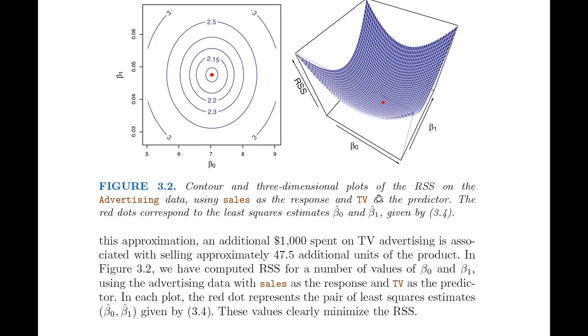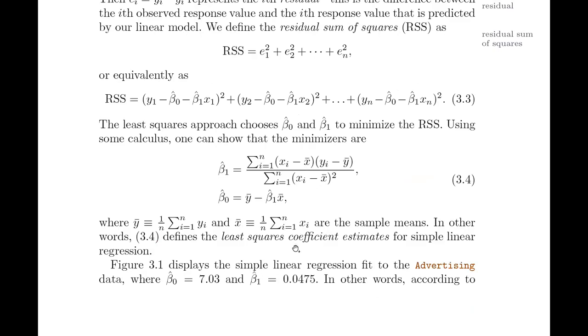Contour and three-dimensional plots of the RSS. And in this case, our beta naught is 7.03, and our beta 1 is 0.0475. It's quite low, isn't it? As a slope, it's 0.05. Then again, you need to see in which units you're working on the scale.